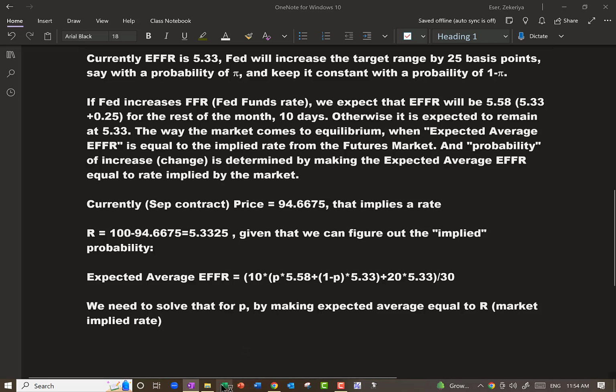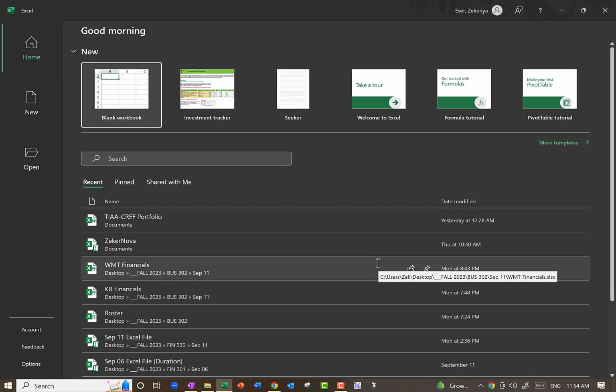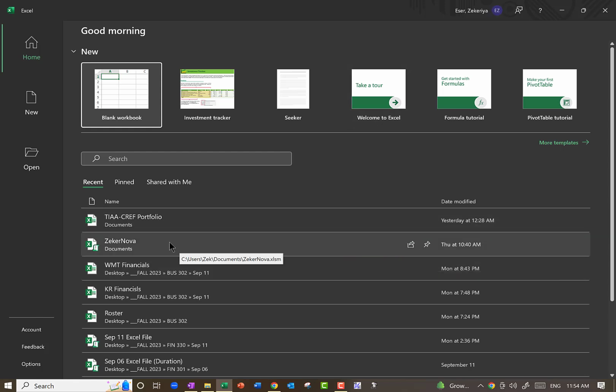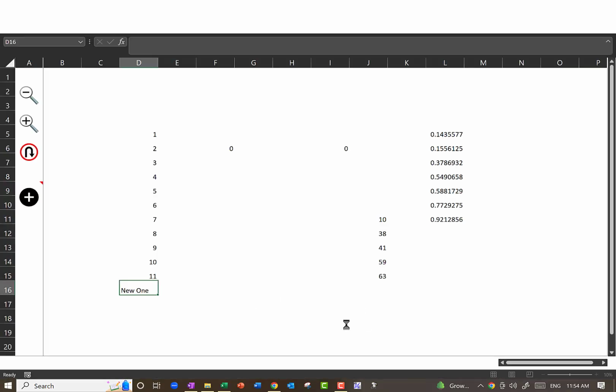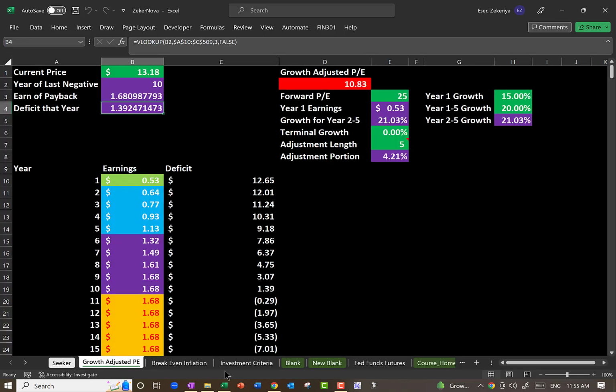Instead, let me open something I already have. This is part of something bigger, so I'm going to get rid of some parts.